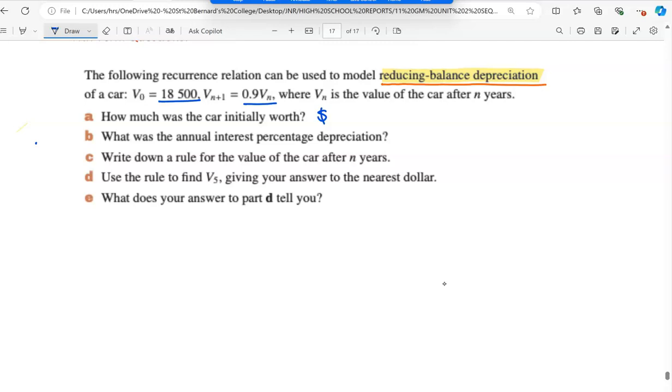That's all you have to write: 18,500. Okay, they're just testing. Now, what is the annual interest percentage depreciation? What they're actually asking you there is what little r is. Remember, that's the percentage rate per annum.